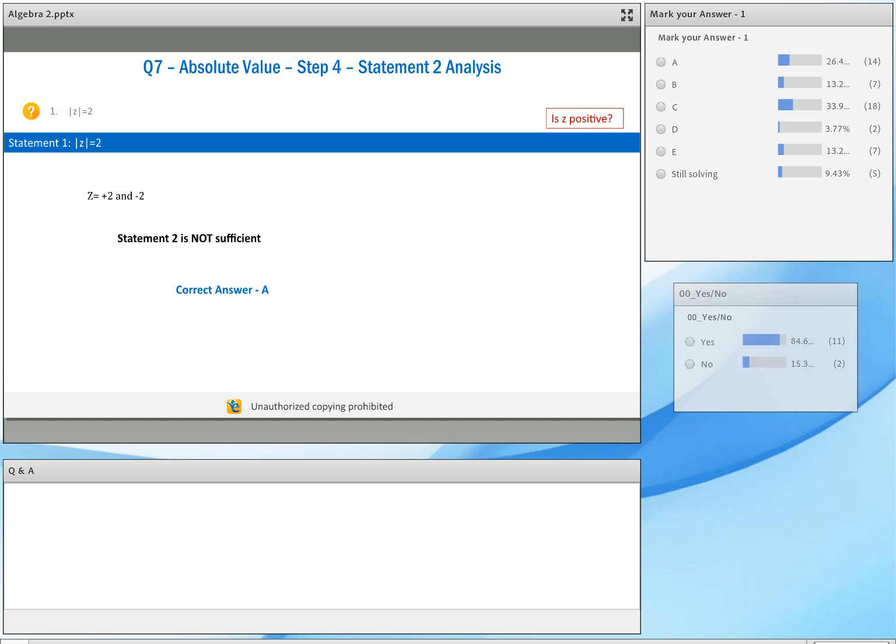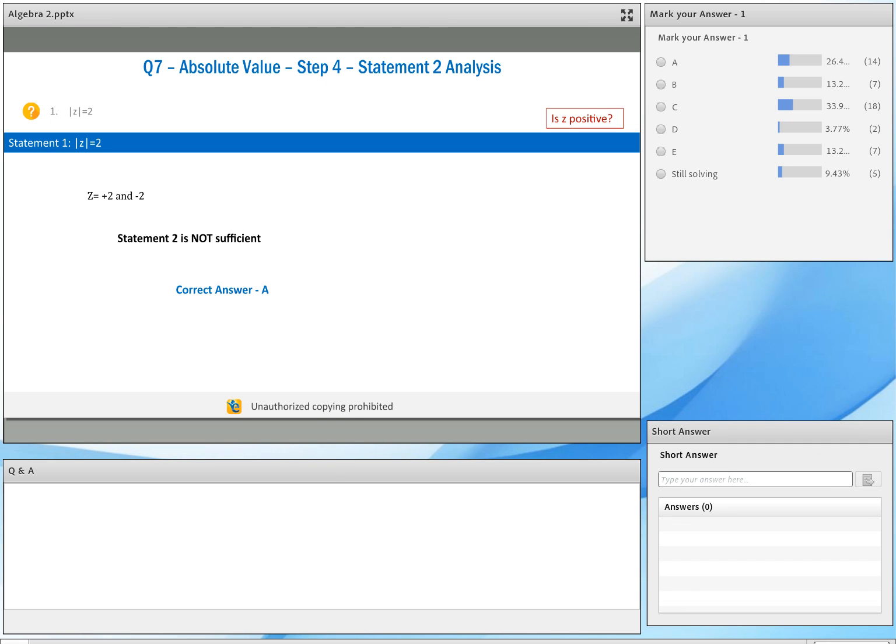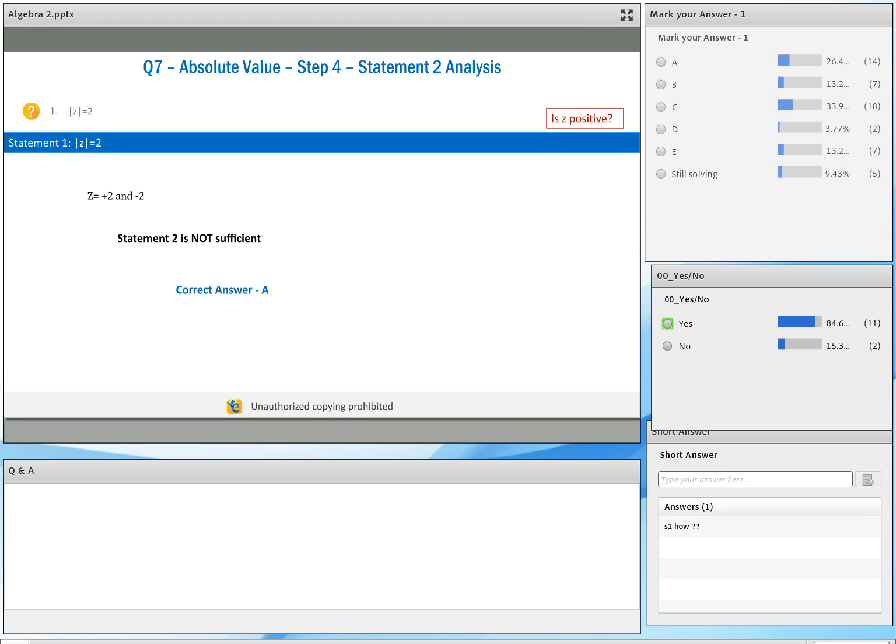Now tell me, what part of the solution, where did you falter when you solved the question? First of all, tell me, for those of you who selected choice A, did you select it for the right reasons? And by that, what I mean is, were you able to translate both the statements properly?